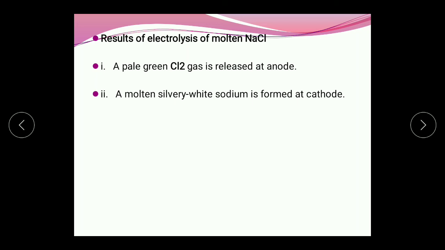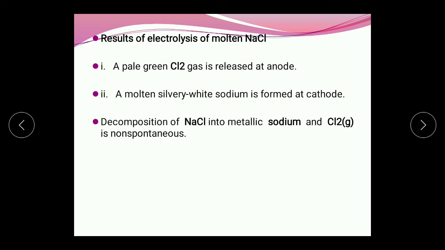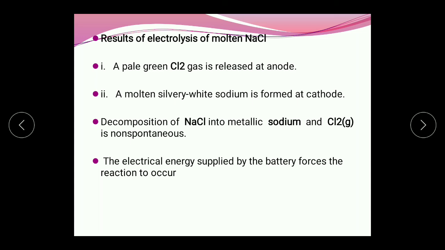So, we have taken fused NaCl in that electrolytic cell, and when electricity starts, the decomposition of NaCl takes place, and a non-spontaneous chemical reaction occurs by using electricity. This decomposition of NaCl, that is, separation into metallic sodium and chlorine gas, is a non-spontaneous process, and the electrical energy supplied by the battery forces that reaction to occur.